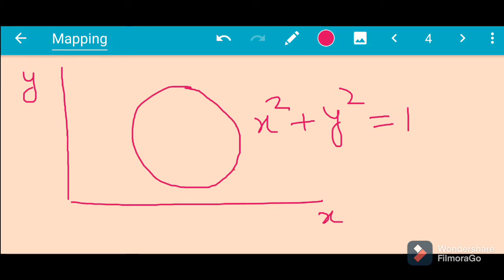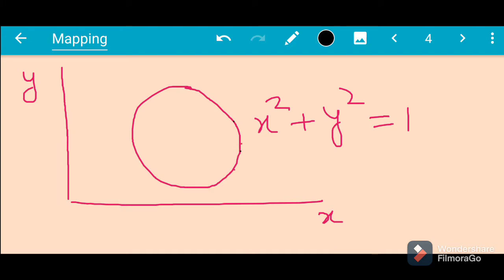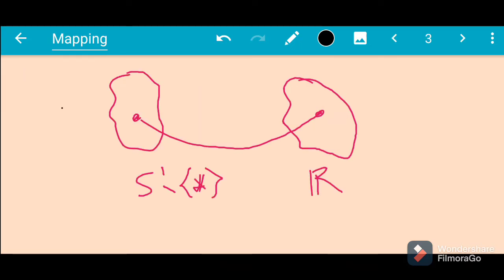So basically the points on the circle, these points are coordinates x comma y. So what we need to do is that we have to map the coordinate x comma y to a point in R. So this is the plan. Now how to do that?